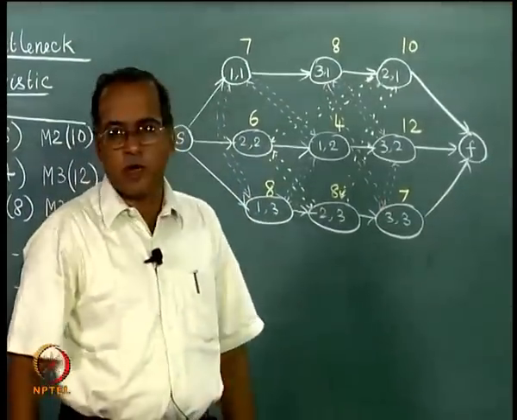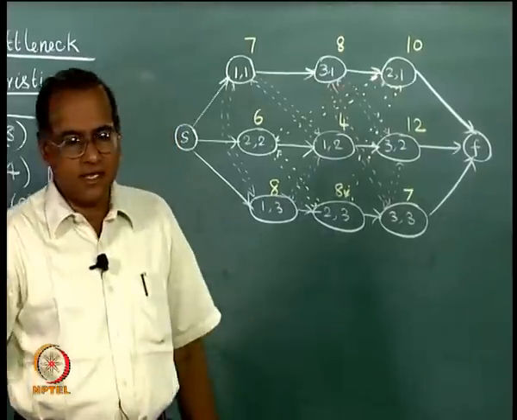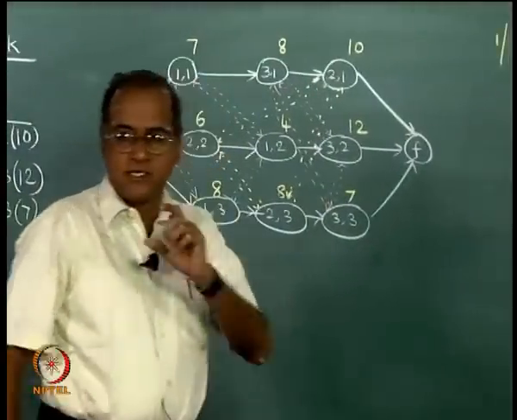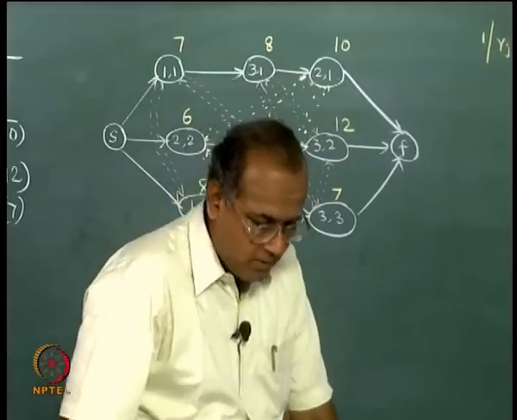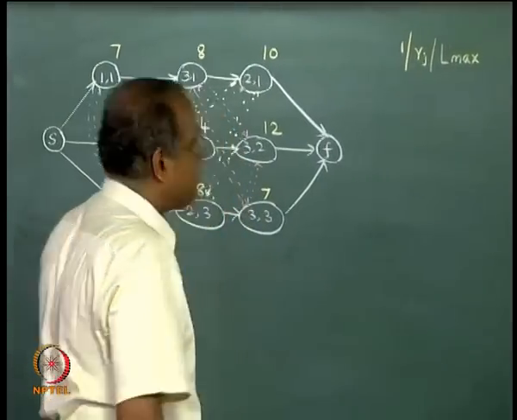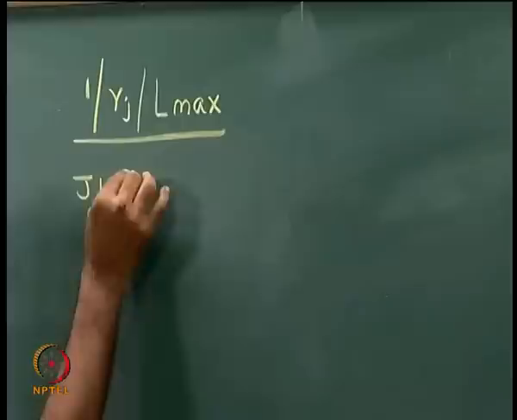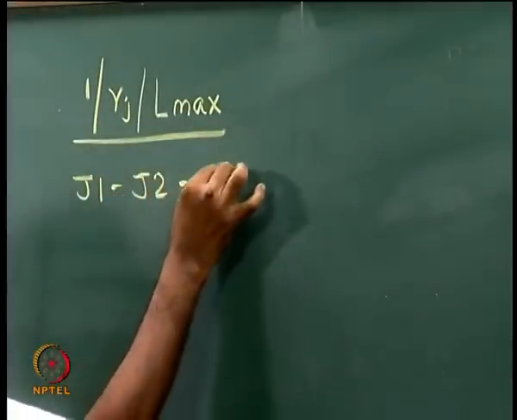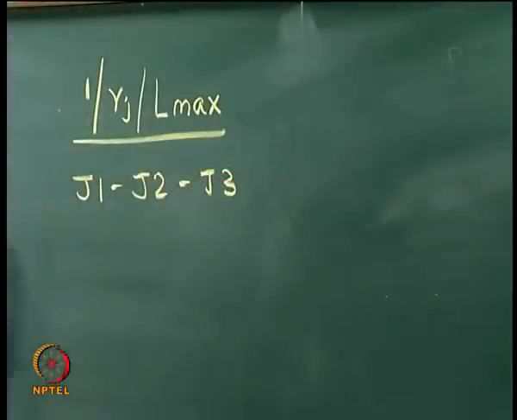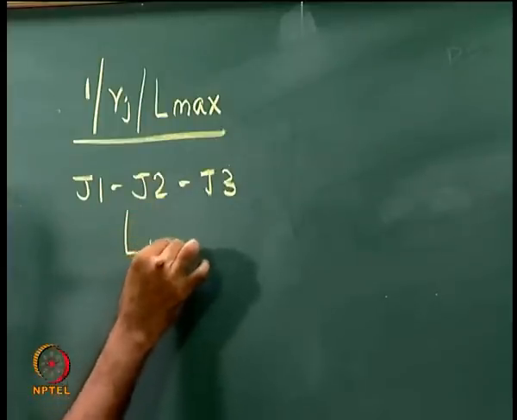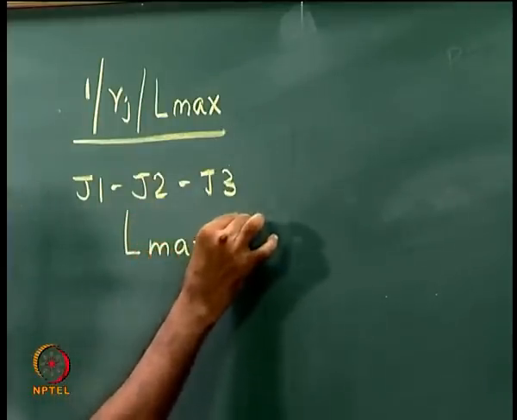We solved this problem on M3, and we got the sequence J1, J2, J3, which minimized this, with Lmax equal to 7.